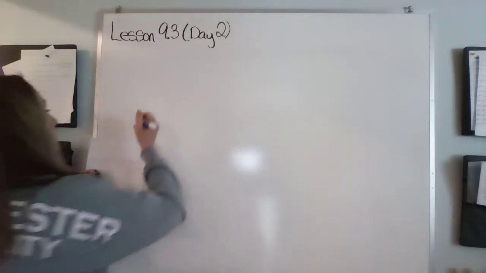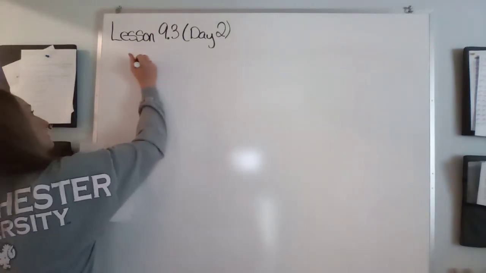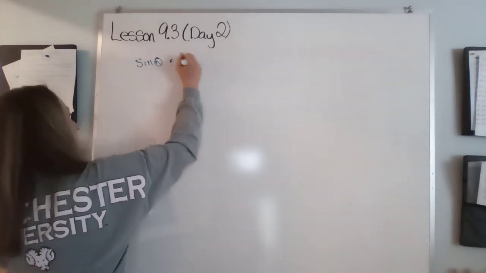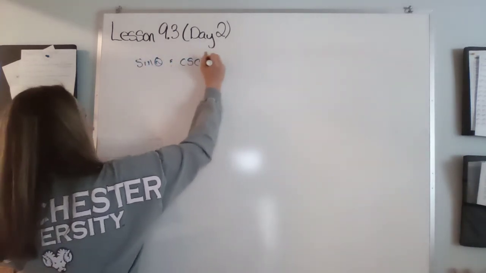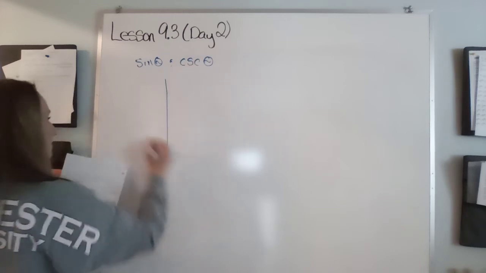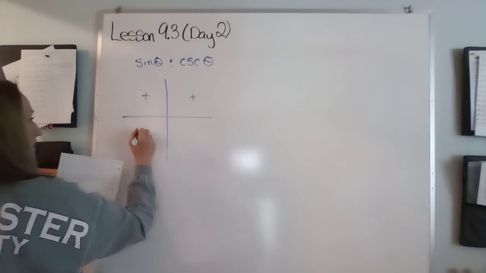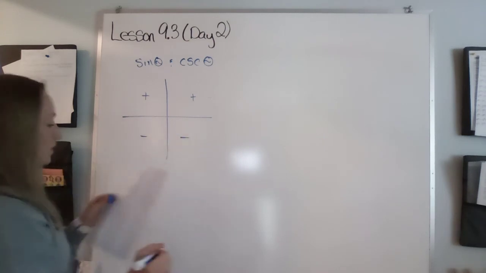Okay, so for sine theta and its reciprocal, cosecant theta, they're positive in the first, positive in the second, negative in the third and fourth.